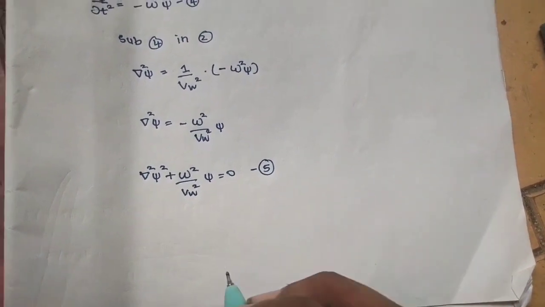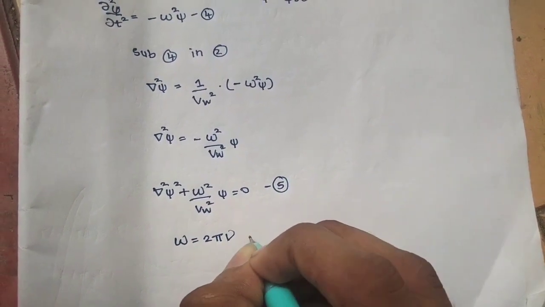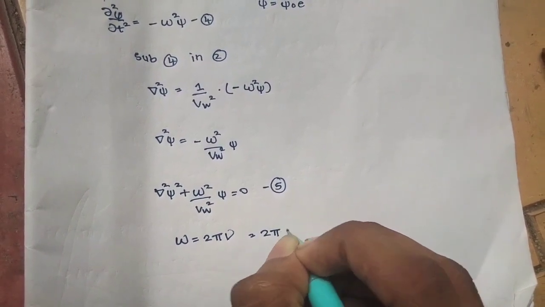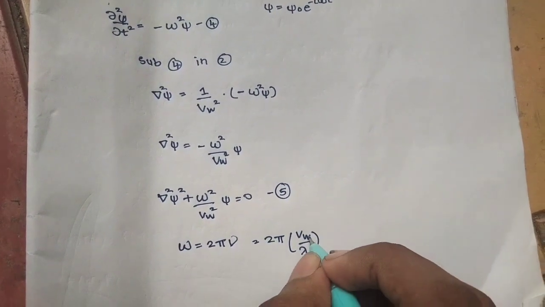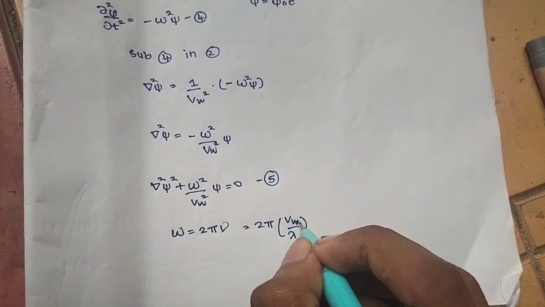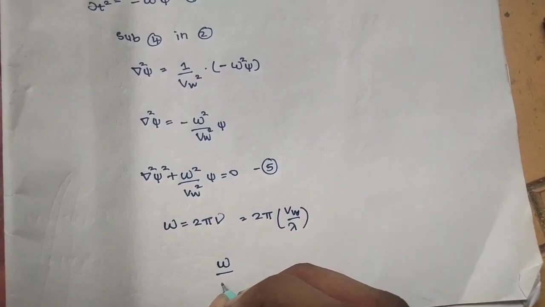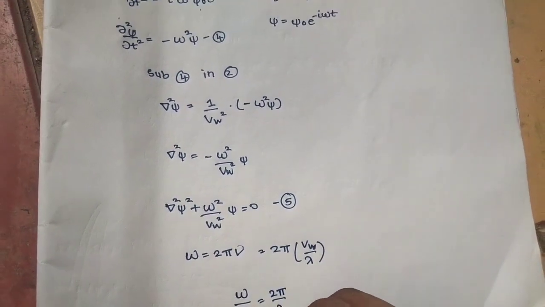Now angular frequency omega equal to 2 pi mu. Here mu equal to Vw by lambda, so 2 pi into Vw by lambda. Now move that Vw to LHS, which will become omega by Vw equal to 2 pi by lambda.